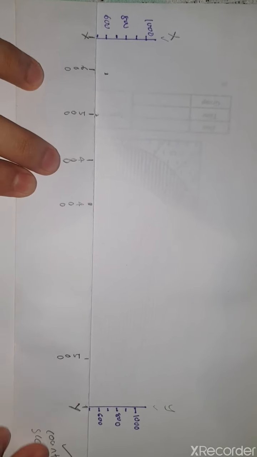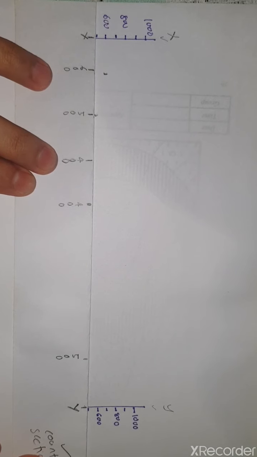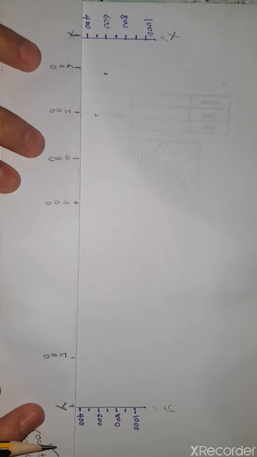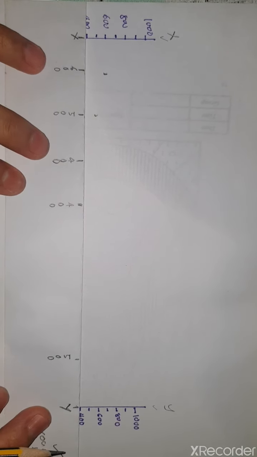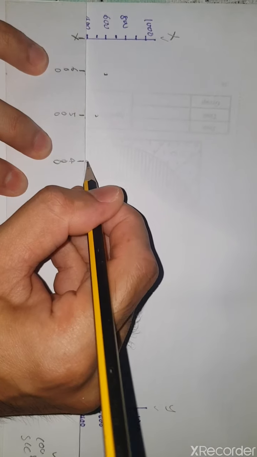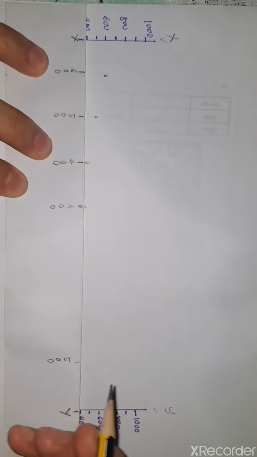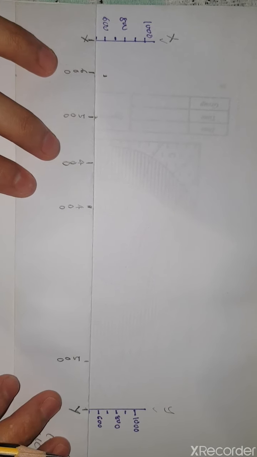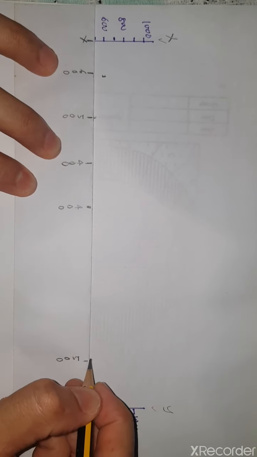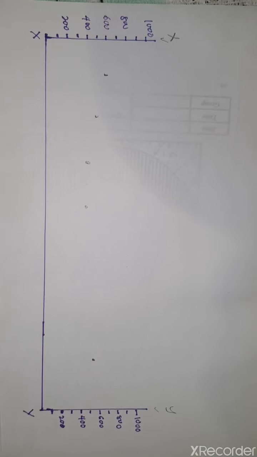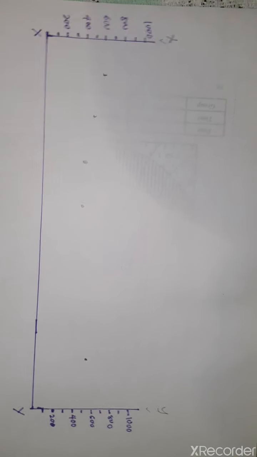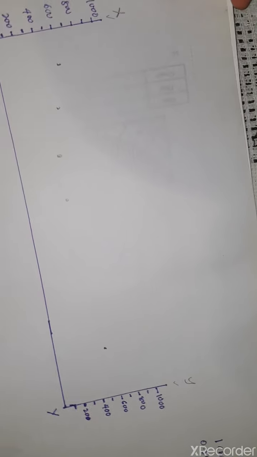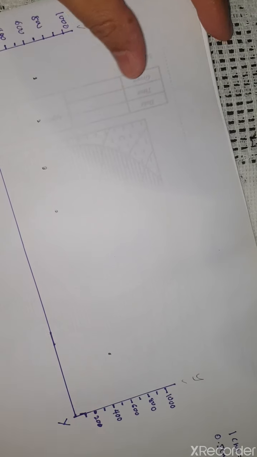The third one is the 400 contour, 400 is here, and then another one is 500 again. Then you will have the points of the contour cross section.